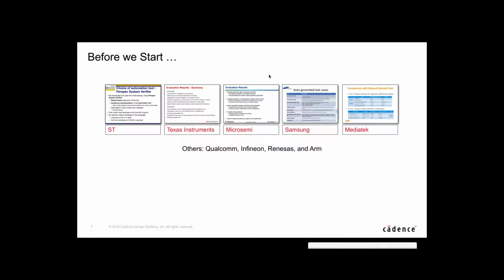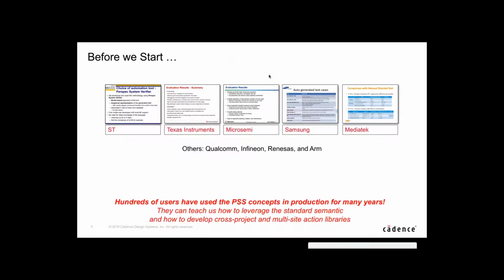Before we start, I didn't create my own agenda. These are all users of the same guidelines and technology. We have hundreds of users starting from 2011, and they introduced terms that are uniquely defined in Perspec.